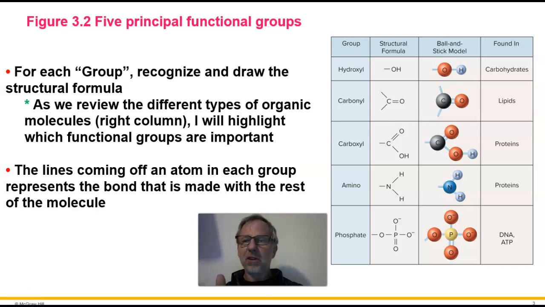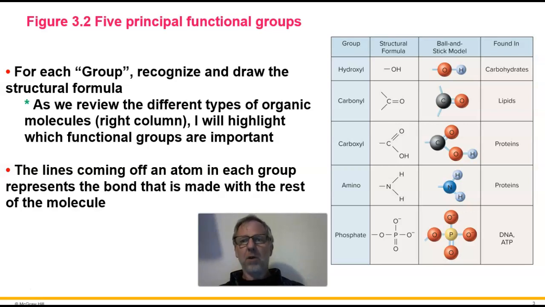So essentially, if you look at the hydroxyl, remember from chapter 2, oxygens need to make 2 bonds because they need 2 electrons. So there is a hydrogen already attached to that oxygen in the hydroxyl. The oxygen needs to make 1 more bond to be happy. So it does. It makes a bond with an atom in the rest of the molecule, and that's what that line represents.